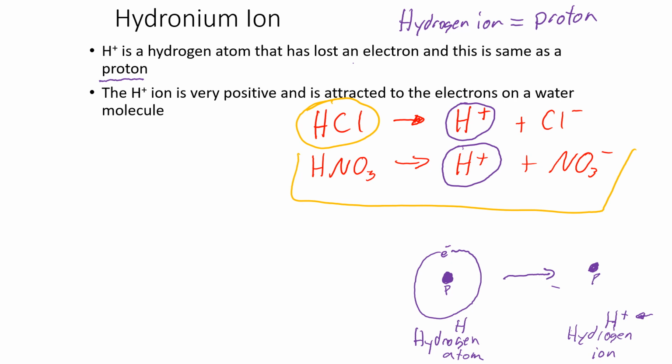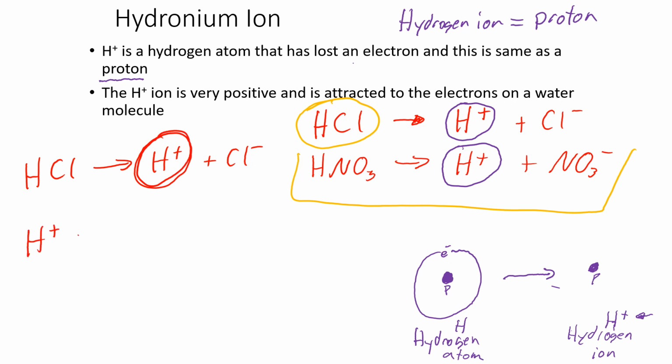This is what the reaction does: HCl dissociates and turns into H plus and Cl minus. Now, this H plus will react with water and turn into H3O plus.